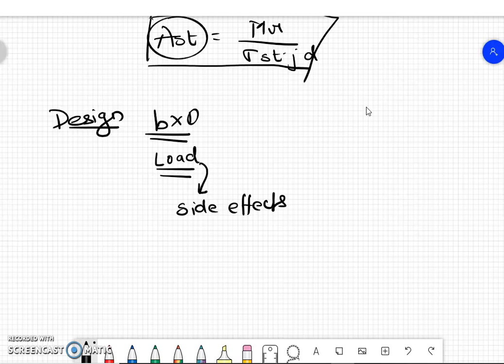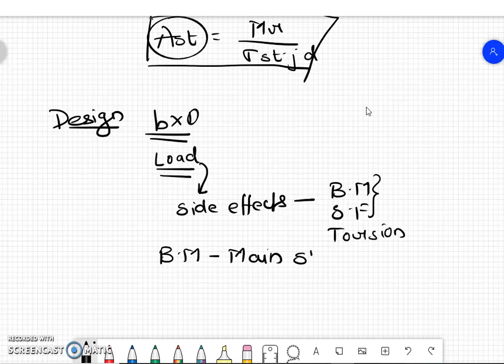What are the side effects of this load? Bending moment, shear force, torsion, and there are many more. So for beam it is bending moment and shear force. For bending moment, we provide main steel. We provide steel and concrete to take care of the bending moment, and for shear force we provide steel again in a different form. You will learn this as we go ahead.